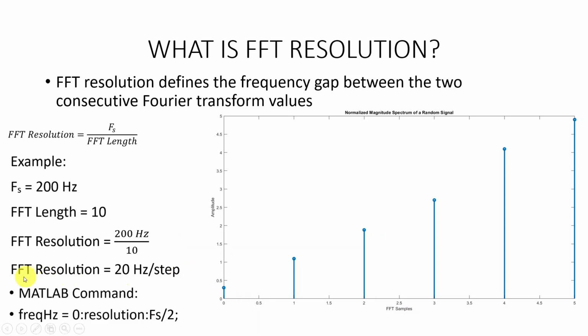Now, if I use this FFT resolution to establish the frequency axis of the magnitude spectrum, which is present on the right, I can do it as follows: the first sample will represent a frequency of 0 Hertz, and the next sample will represent a frequency which is 20 Hertz greater than the previous one. So you have to take a step of 20 Hertz.